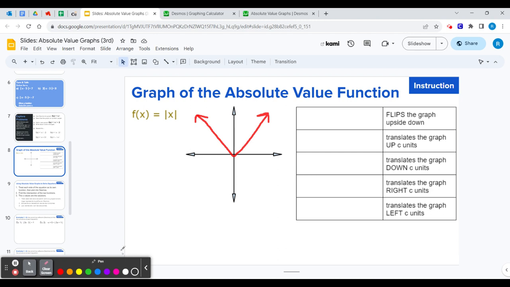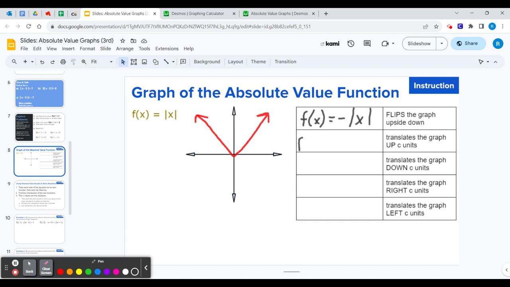Now, if we want to fill in this table, this basically summarizes what we did in each of our different graphs here. If we took f of x and threw a negative sign out in front of our absolute value, it flipped the graph upside down.